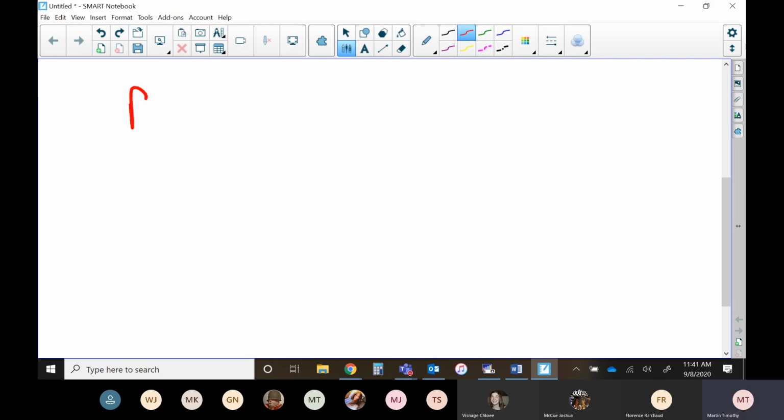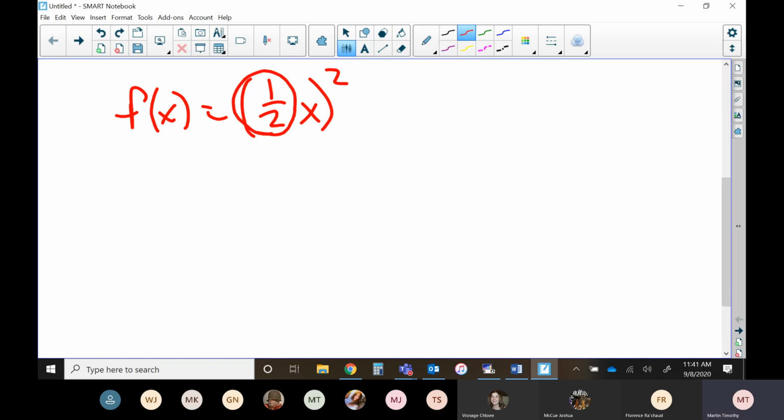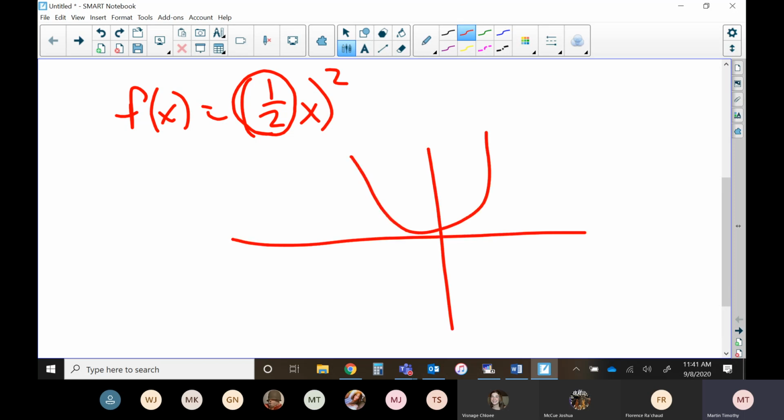So like when I do f of x equals 1/2 x squared, I would call this a horizontal stretch. And why? Because they would be taking this and stretching this out, which would make it wider.